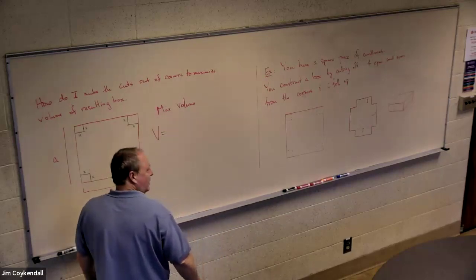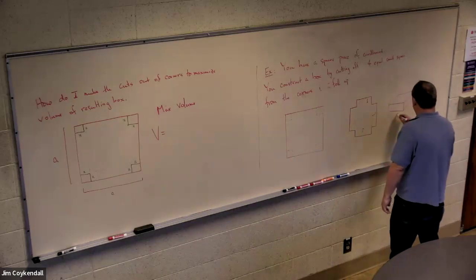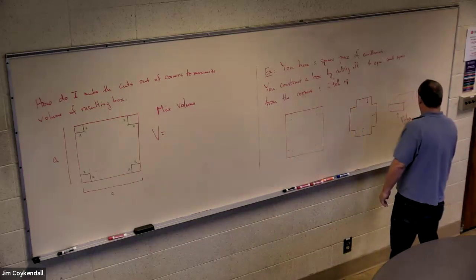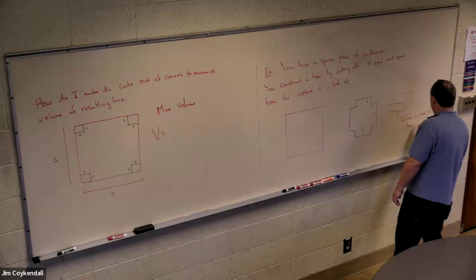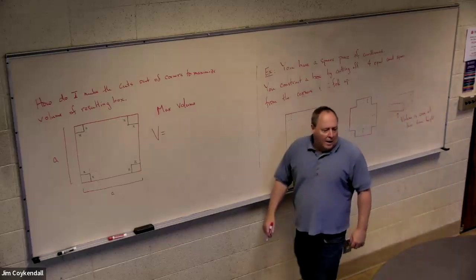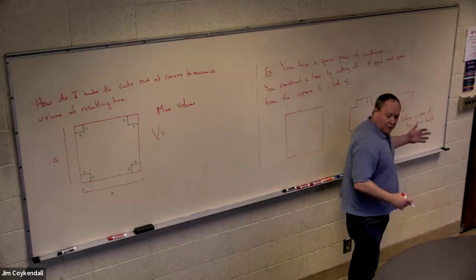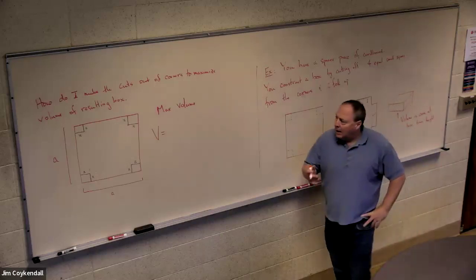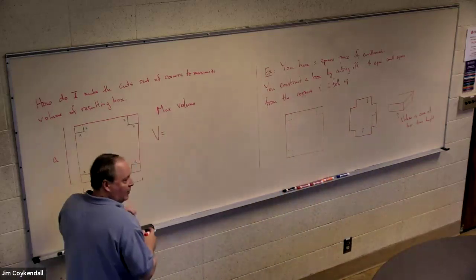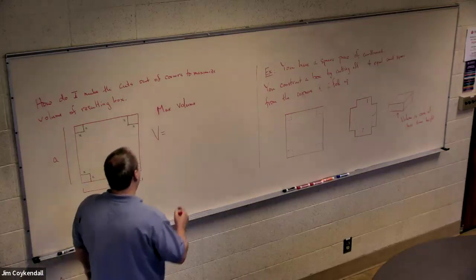When we fold this box up, the volume of that box is just the area of the base times the height. For this particular box, what's the shape of the base? It'll be a square, right? So what's the height of this box when I fold it up? The height is X.